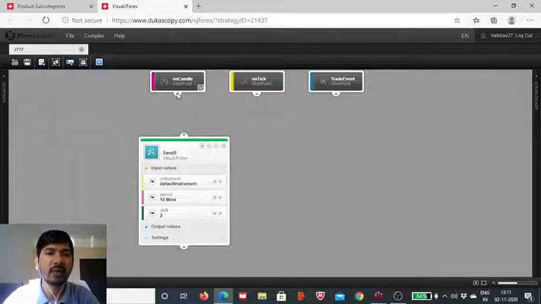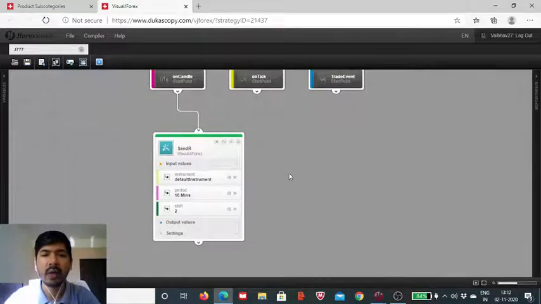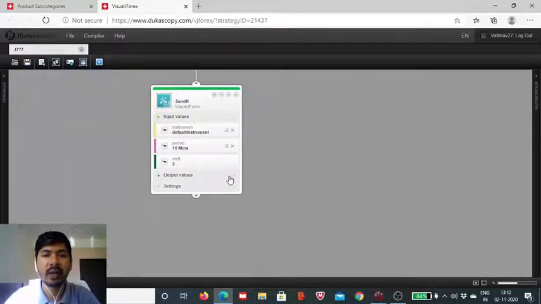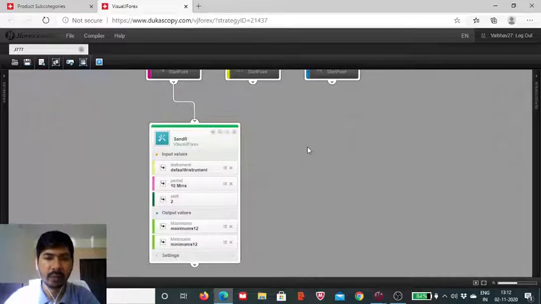For today's session we will use the On Candle block as our start point, and then coming to the S and R block, that is the support and resistance block, we have to define three input parameters, depending on which we will be getting two output values, the maximum and the minimum.